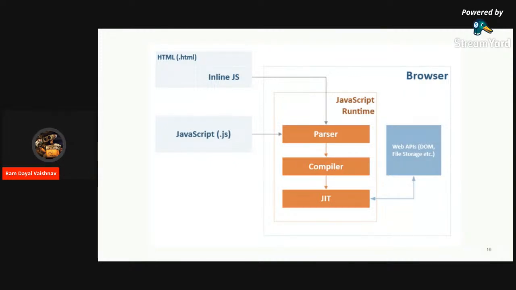It has the parser, the compiler, and the JIT. What it does is, we give the inline JS and the external JS, like .js files, to the parser. It parses it, then it compiles it, and then it gives it to the JIT, just in time. Now the JIT will work with the web APIs, and it will finally serve it to the server.